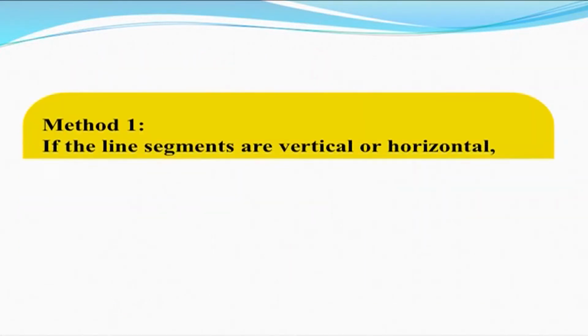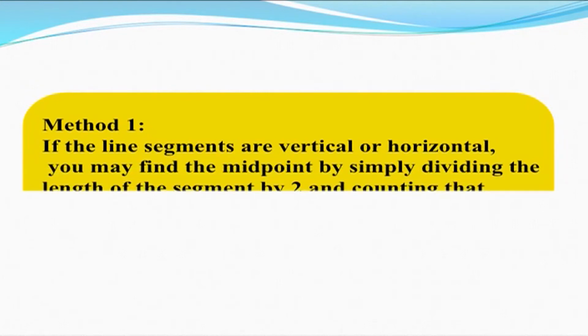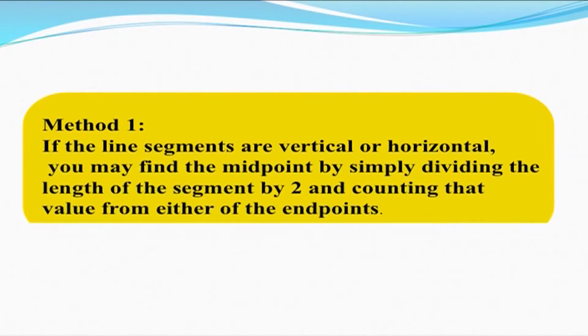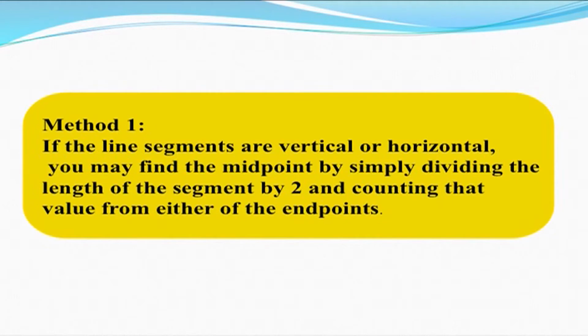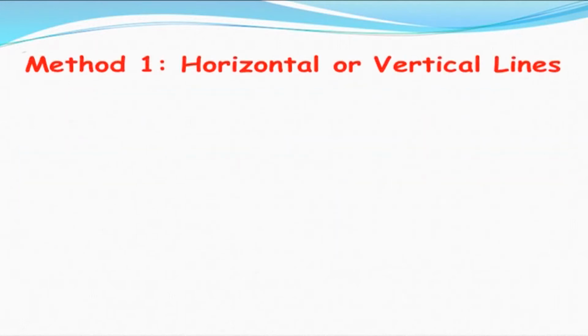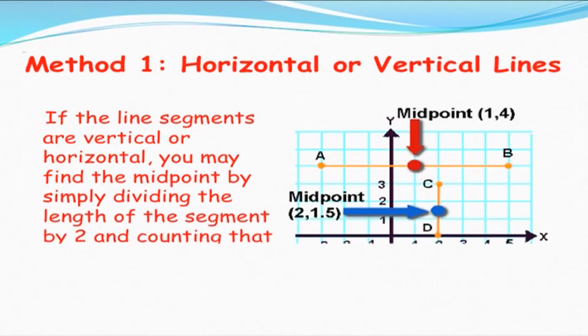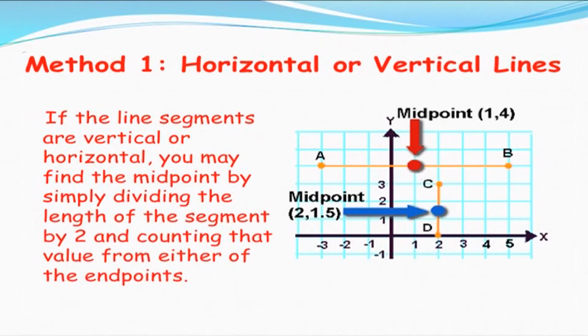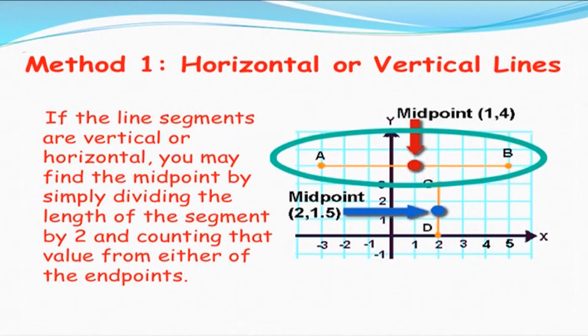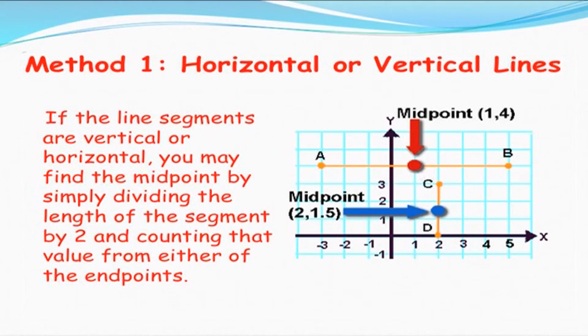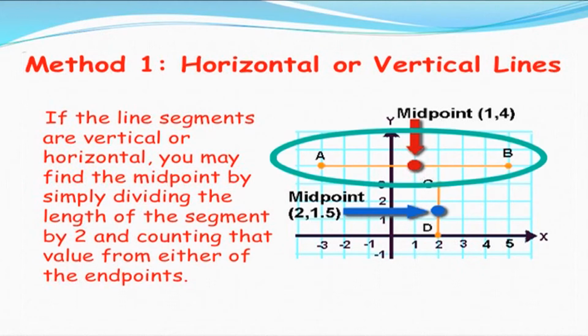If the line segments are vertical or horizontal, you may find the midpoints by simply dividing the length of the line segment by 2 and counting that value from either of the endpoints. Likewise, here there are 2 points A and B, or we have a segment AB. Coordinates of A are -3, 4 and coordinates of B are 5, 4.